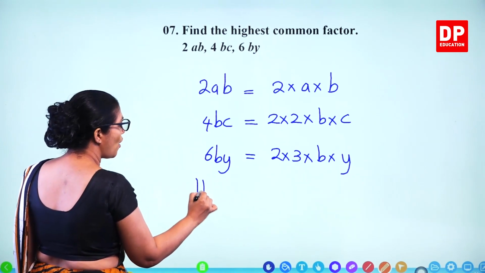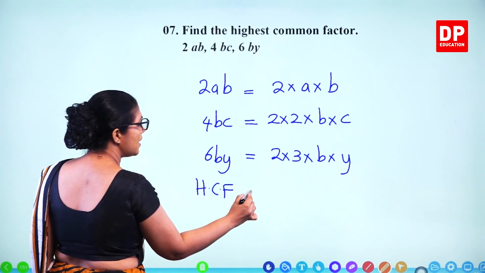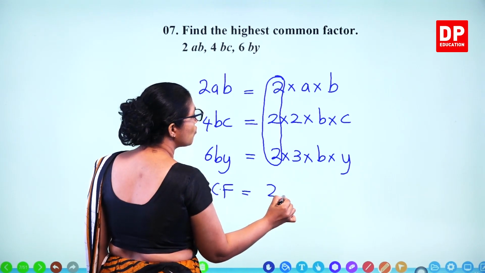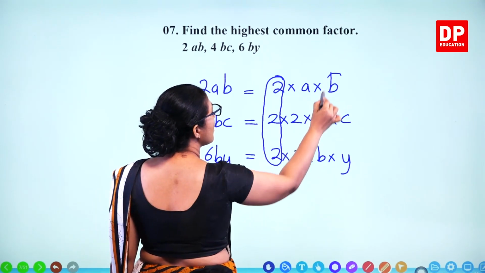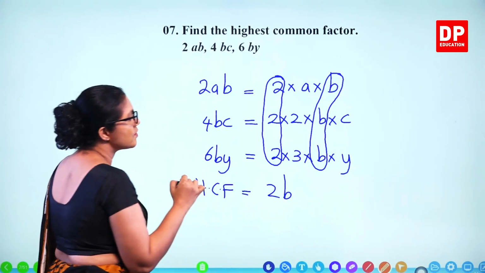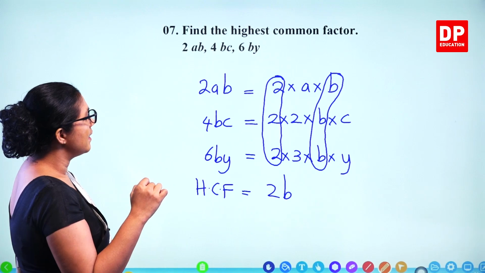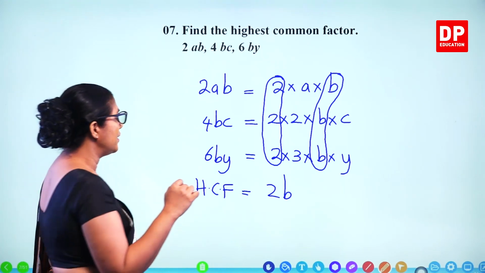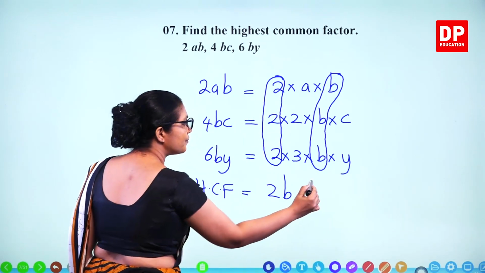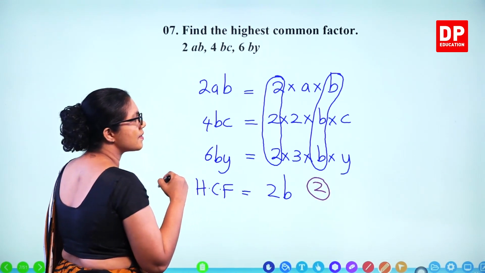Now, to find the highest common factor, you take only the common ones. 2 is common. And can you see b is also common? So that's only 2b. Other terms are not common. So the highest common factor is 2b. You get 2 marks.